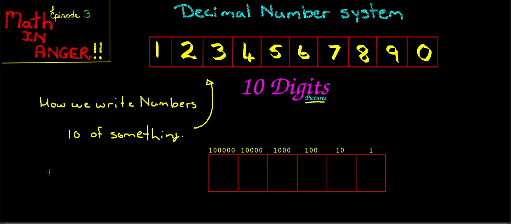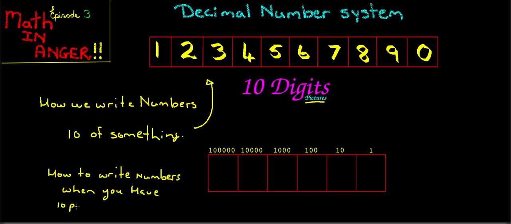That is, how to write numbers when you have 10 pictures to work with.